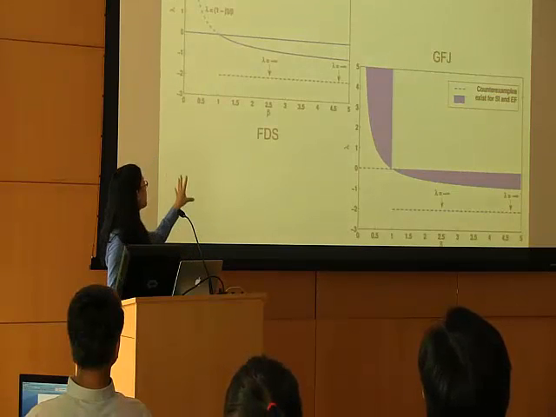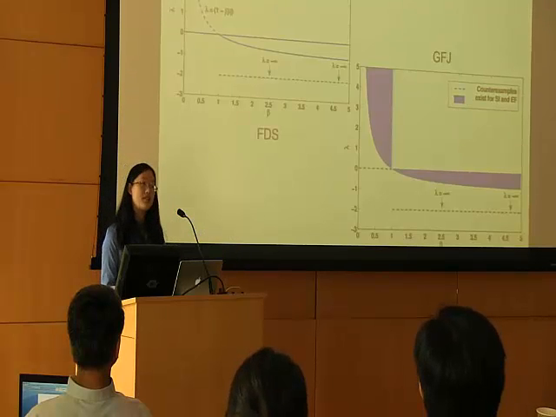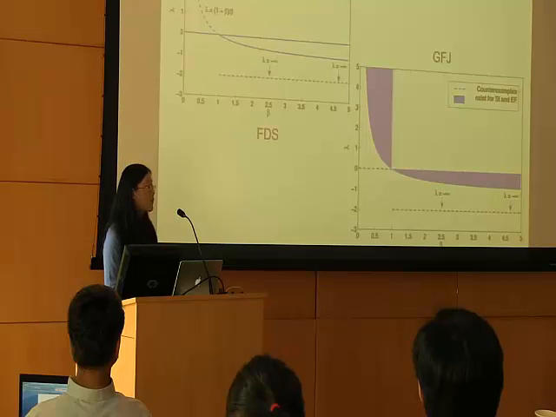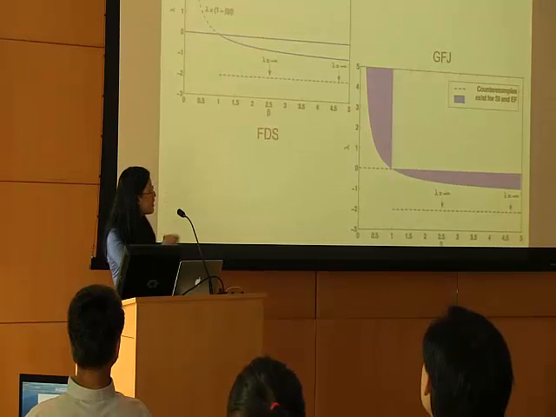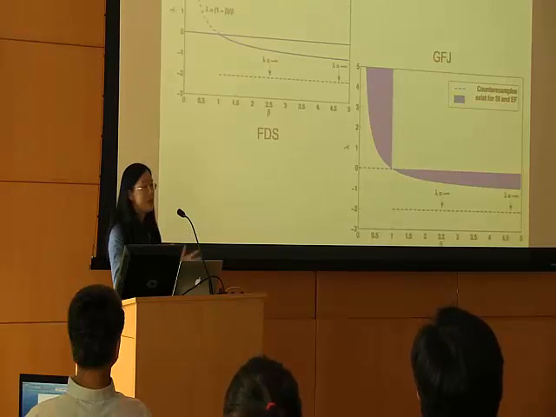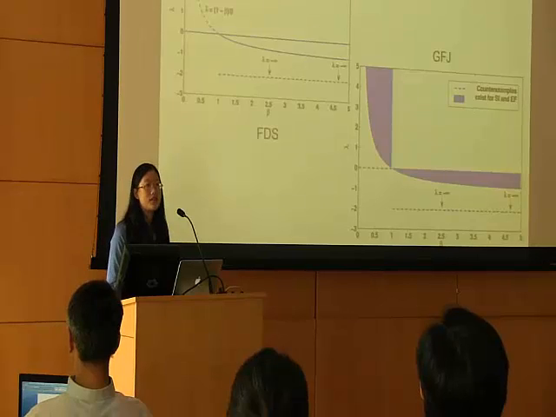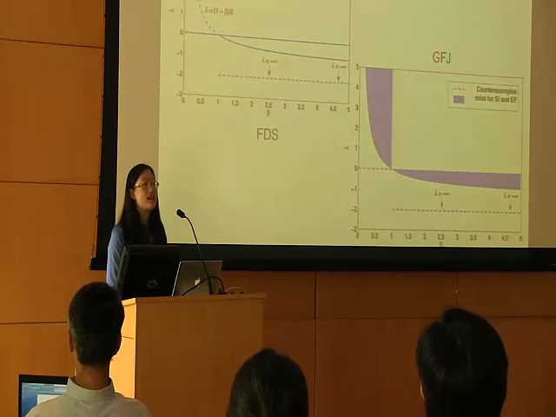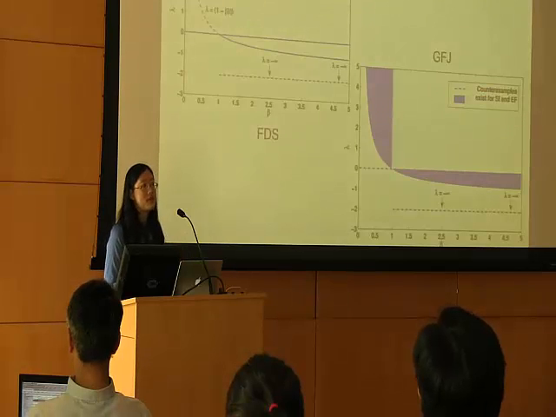So in the top graph here, I've looked at parameters for fairness on dominant shares. At the bottom, it's for generalized fairness on jobs. So you can see that in the generalized fairness on jobs graph, you have these huge regions of the parameter space, so different lambda and beta values, where you can find counterexamples. So that indicates that, in general, neither of these properties seem to hold for these GFJ fairness functions.